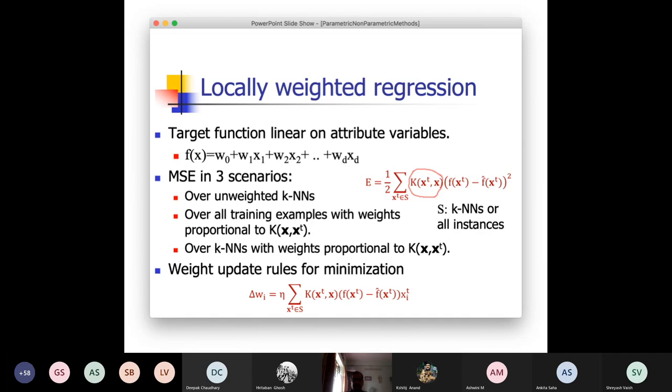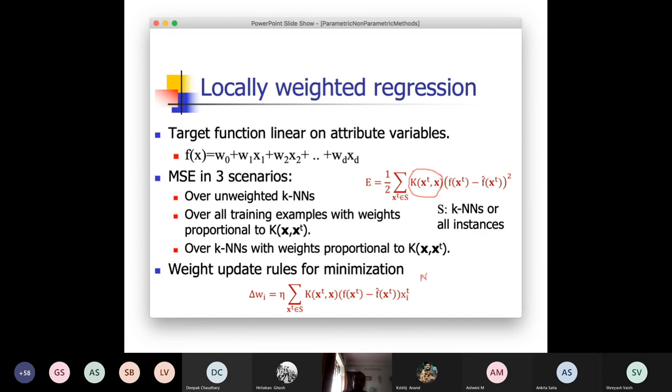This is actually the negative of the gradient of the error function E. So negative of delta E, delta Wi, and then there is a step value, that is eta. That's a hyperparameter. So you simply add for each Wi. That is what you are doing.